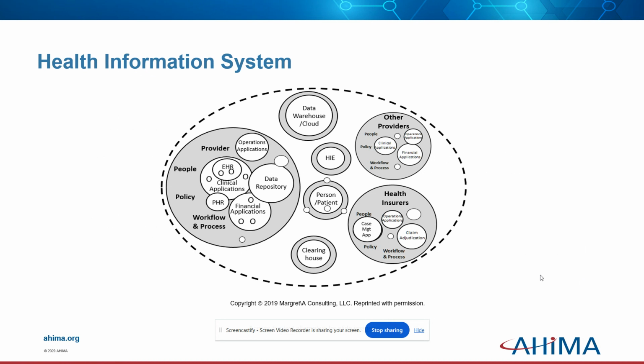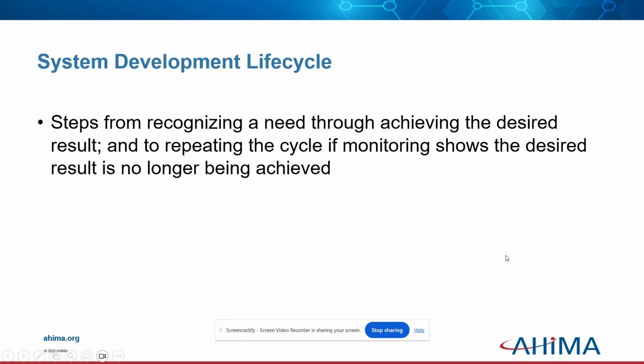And here is an overall look at that systems view, that health information systems. All of this moving along with what we refer to as the System Development Life Cycle, or the SDLC.